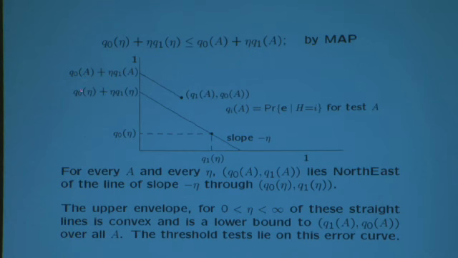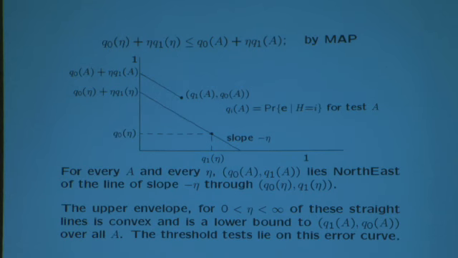This number here is Q0 of eta plus eta times Q1 of eta. Here's Q1 of eta; this distance here is Q1 of eta. We have a line of slope minus eta that we've drawn, so this point here is in fact Q0 of eta plus eta times Q1 of eta. That's just plain geometry.